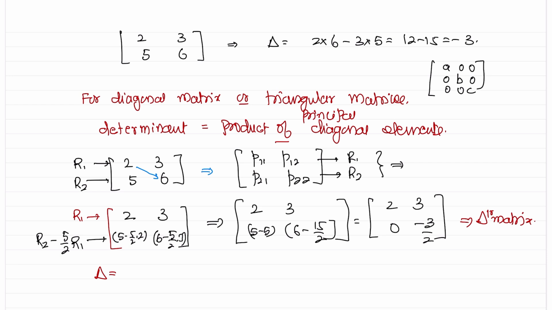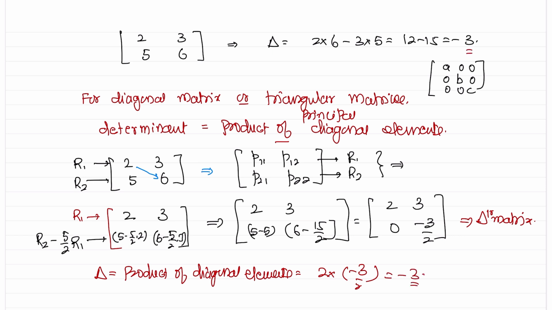Determinant is equal to the product of diagonal elements. That is equal to 2 into minus 3 by 2, that is equal to minus 3. You see this answer and this answer. Here we have done for the full matrix, whatever original value is given, 2, 3, 5, 6. Here we have done to the reduced matrix.